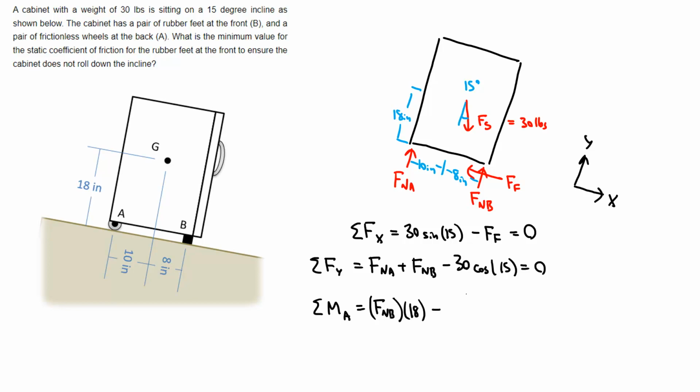The x component of the gravity force would be a clockwise moment, so that's negative 30 sine 15, and the vertical distance is 18 inches. And then I'm also going to have the y component, so minus 30 cosine 15, that's the y component of gravity, and that distance is 10 inches.